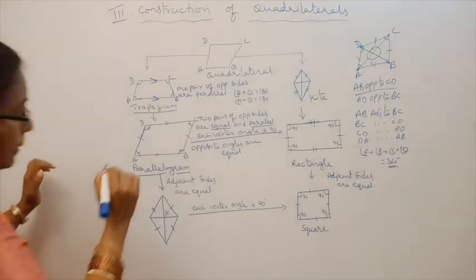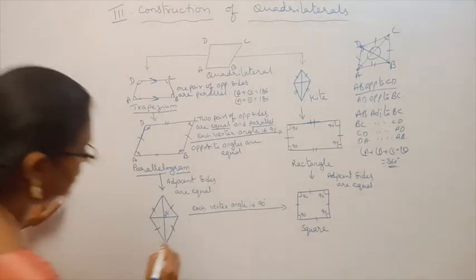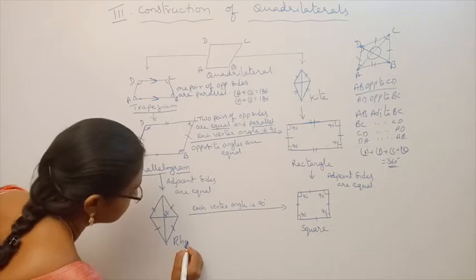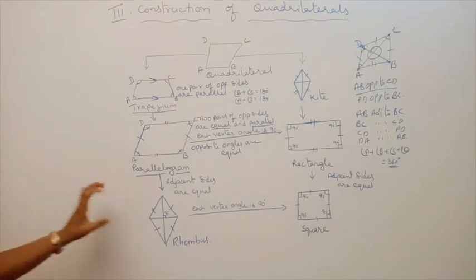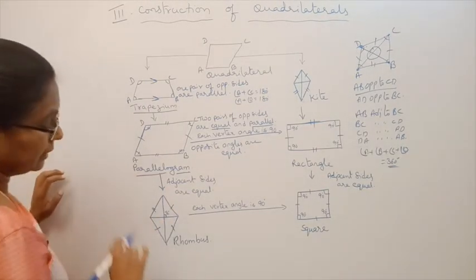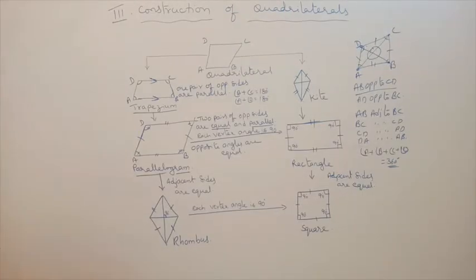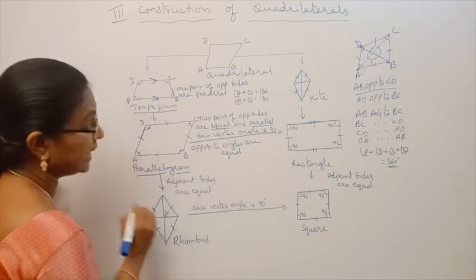In this, the diagonals bisect perpendicularly. In a rhombus, all sides are equal and diagonals bisect perpendicularly. What is the meaning of perpendicularly? Perpendicularly means they intersect at 90 degrees.